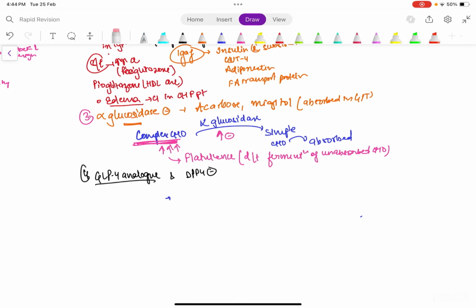So in GLP-1 and DPP-4, one thing more, they are contraindicated in medullary thyroid carcinoma. Now in this we have semaglutide, liraglutide and so on. And then there is another class which are the D2 agonists, the dopamine agonists. So in this we have bromocriptine mesylate.